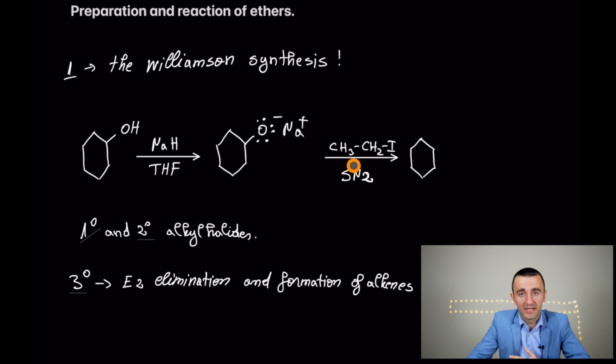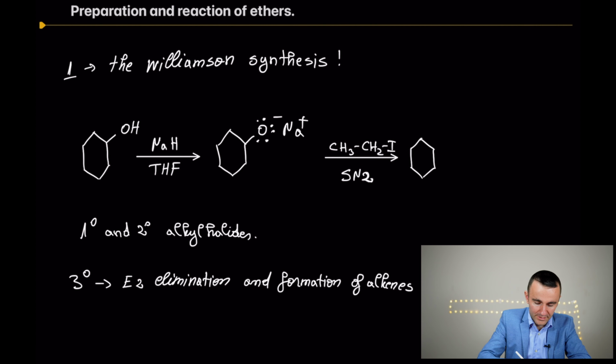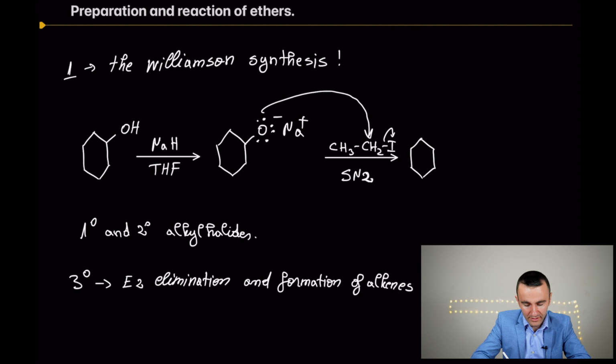And you know, with SN2 we need primary substrates to work best. So in this case you're going to have a purely SN2 reaction and you're going to form the ether, right? If you want to name it, ethyl cyclohexyl ether.